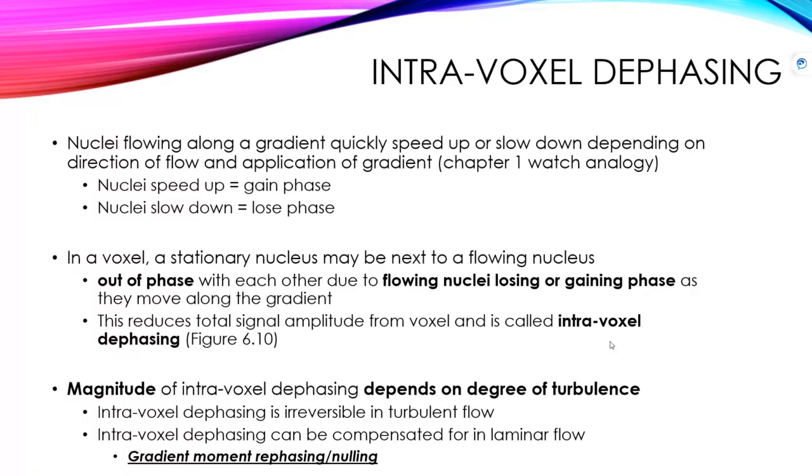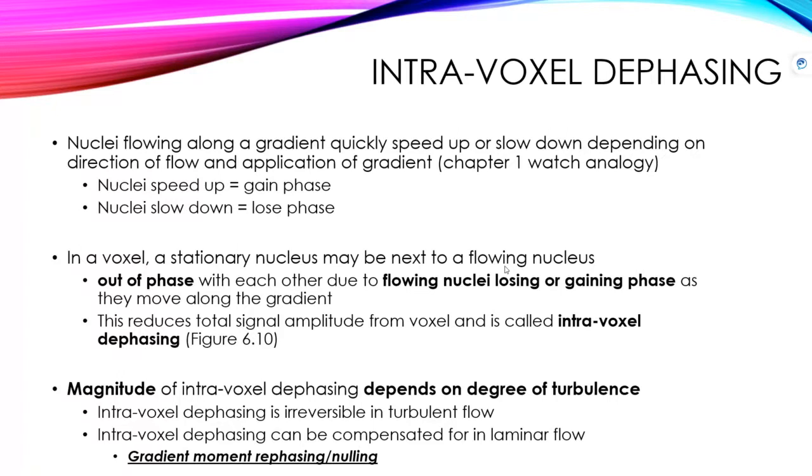Because remember, in order for us to get a really good signal from any unit volume of tissue, we have to make sure that our spins are all in the same phase direction. They're all in phase. But that's not going to happen when you have stationary nuclei next to flowing nuclei. They're never going to be in the same position. And that's a good thing for some purposes.